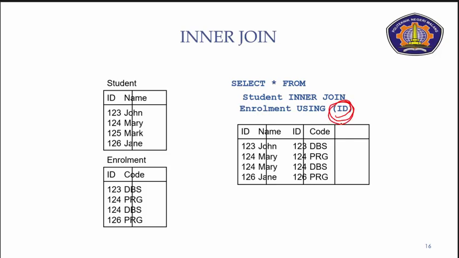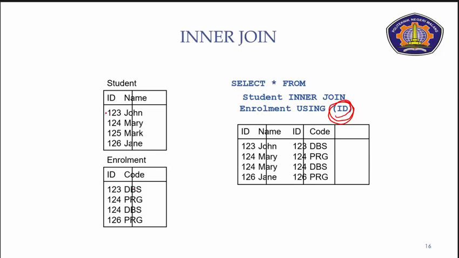So you can compare which IDs give the same ID between these two tables. For example, in this table, we have ID 1, 2, 3, 1, 2, 4, and 1, 2, 6 that has the same result. Okay, so it just gives that result.